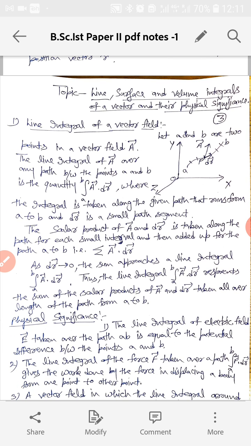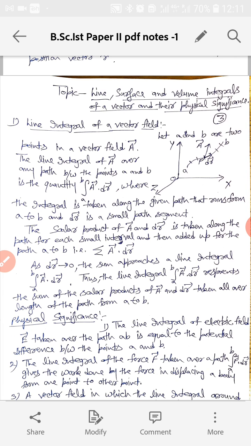Suppose we have this x, y and z coordinate system in which we have two points A and B which are in a given vector field. Because what we are calculating is the line integral of a vector field.